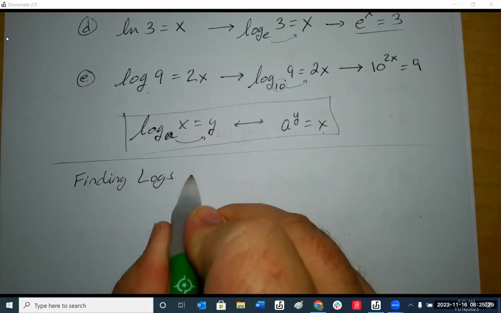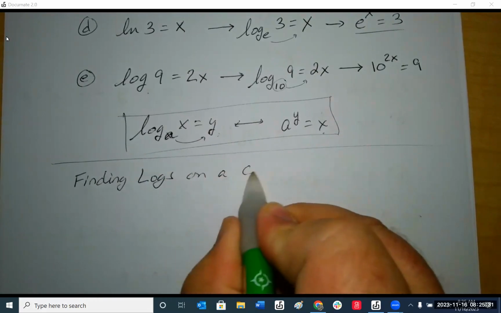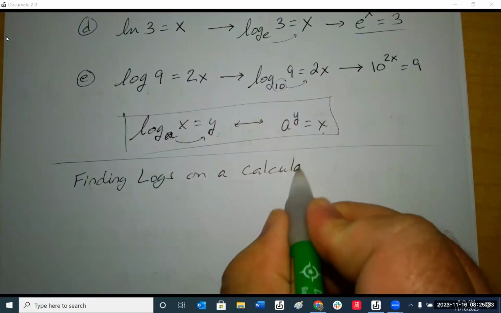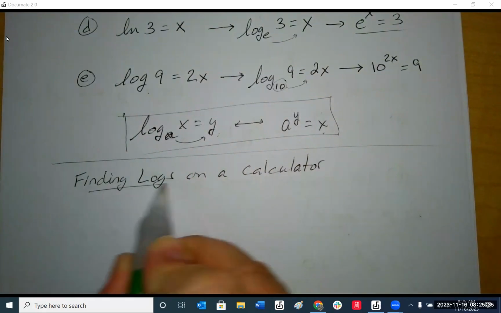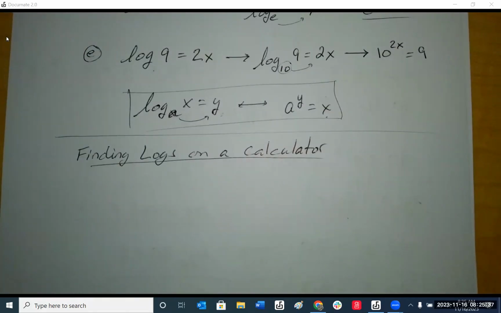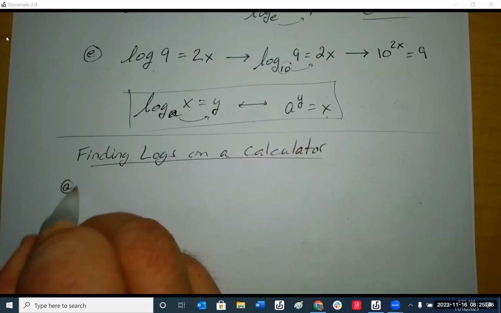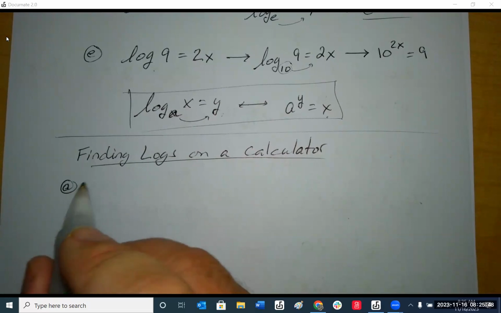Finding logs on a calculator. But sometimes you're going to have equations that are not just straightforward like we just did. So in this one, let me write down what these are.